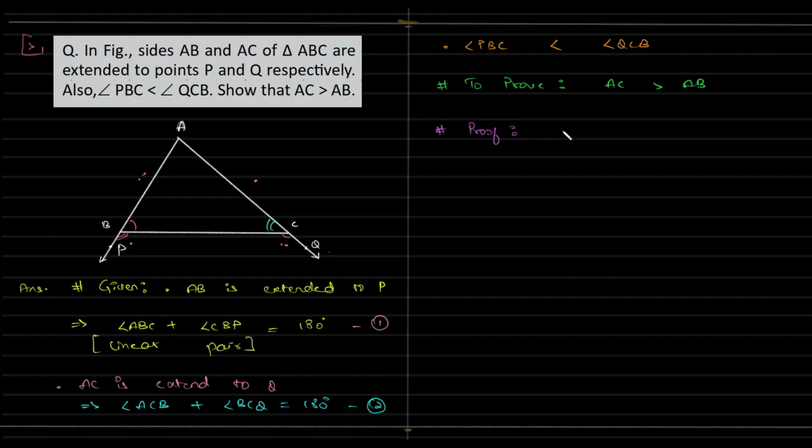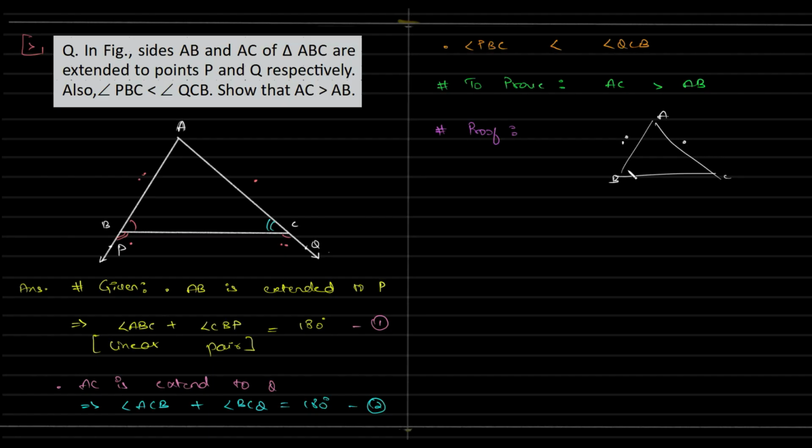If in such questions you're not able to figure out how to go about it, go to the figure. We have triangle ACB, with A, C and B. We need to prove that AC is longer than AB.